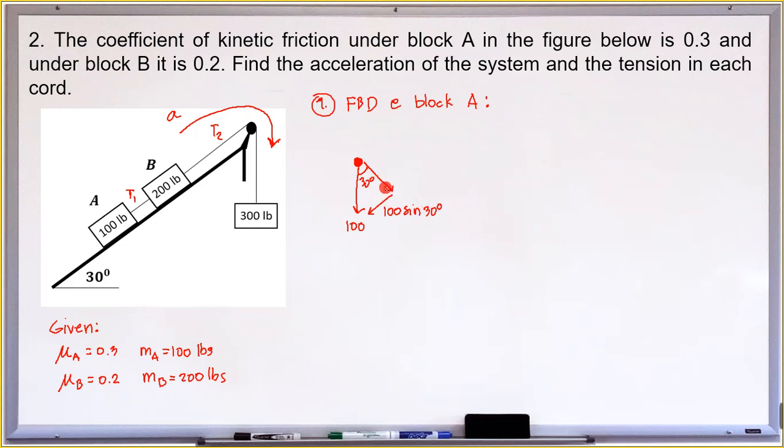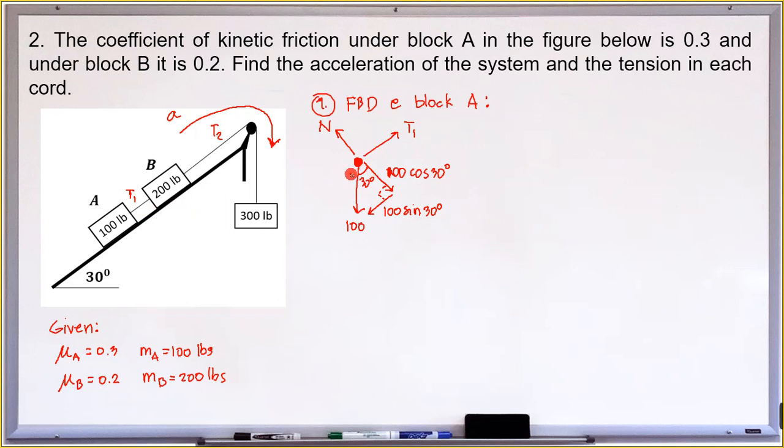And this one is 100 cosine 30 degrees. So we just resolved the 100 weight into its components along the surface and normal to the surface. What else? We have a normal force, and then we have a tension in the first rope. The tension is directed up the incline. What else?